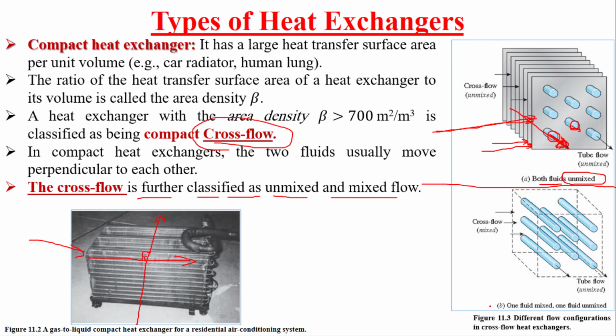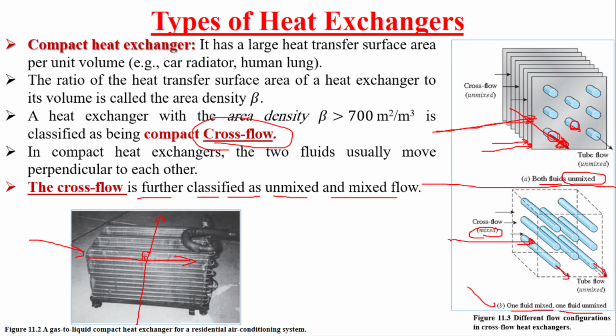But in this scenario, one fluid is mixed and the other unmixed. The one flowing inside these tubes is unmixed. But the other, the cross flow, is mixed. Why? Because there are no certain passages for it.